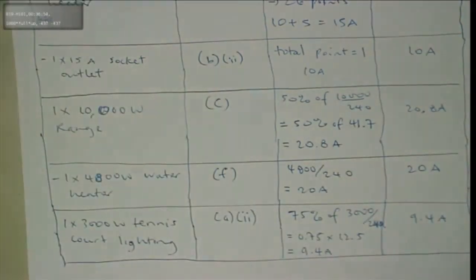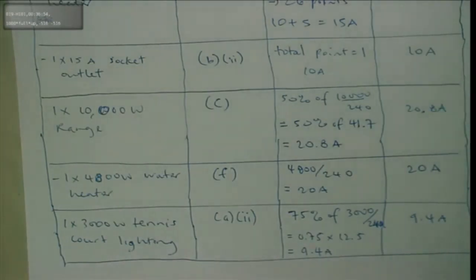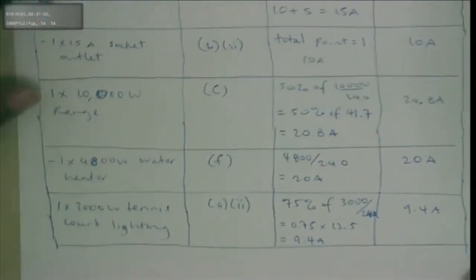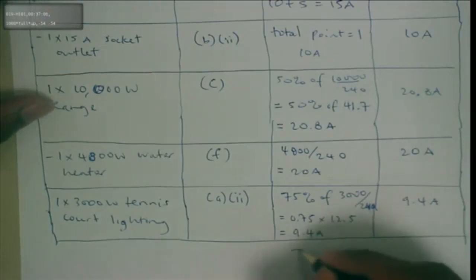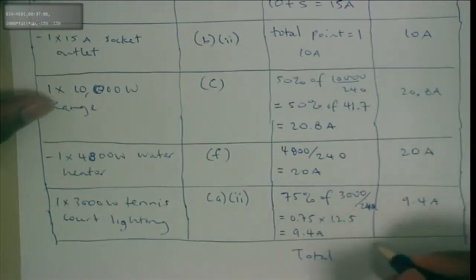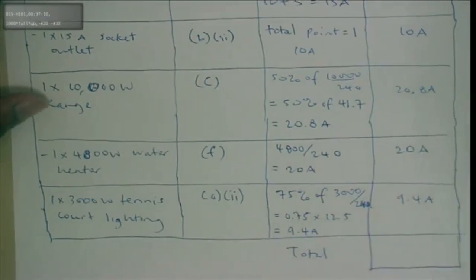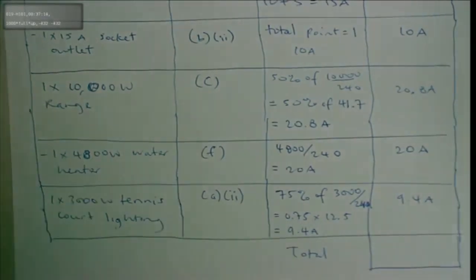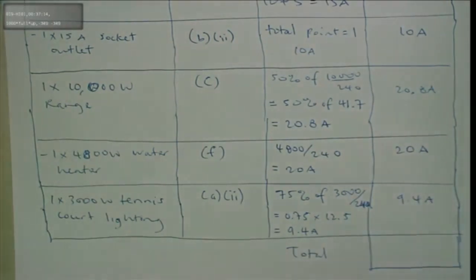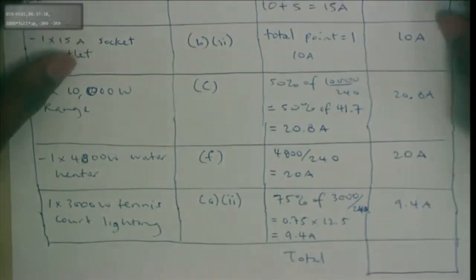Now going back to our original question, it was to determine the maximum load, say the maximum demand, and maximum demand will be in form of current. So we do a total here. What is the total current we get? We add all the single phase column, right?